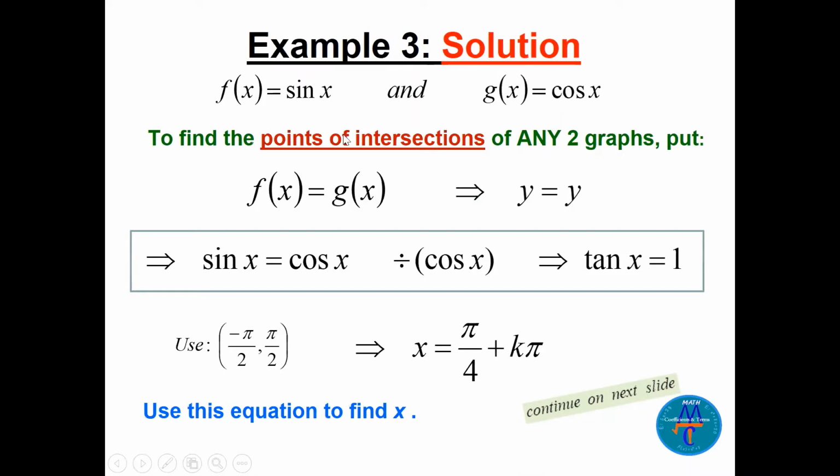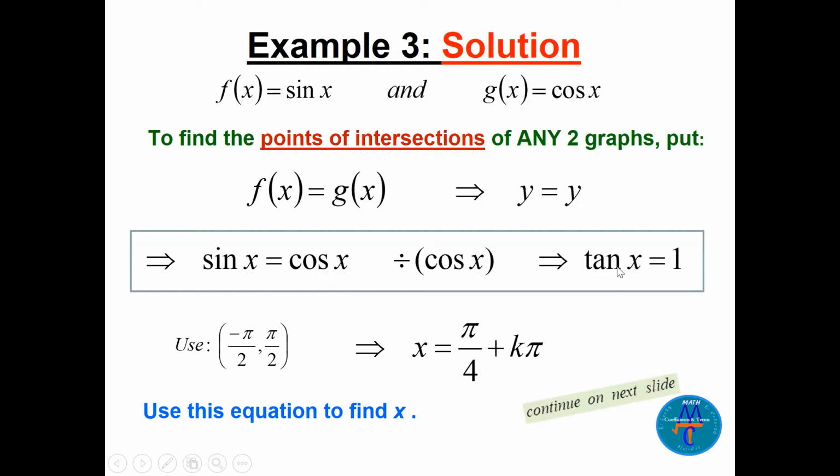So we have the two functions here, f of x is equal to sine of x and g of x is equal to cosine of x. I can put f of x is equal to g of x, which means y equals y. Then I have to find the x value. So I put now from this, sine of x is equal to cosine of x. To make this equation easy, I can divide by cosine of x.